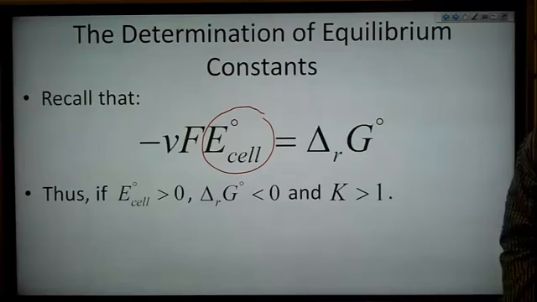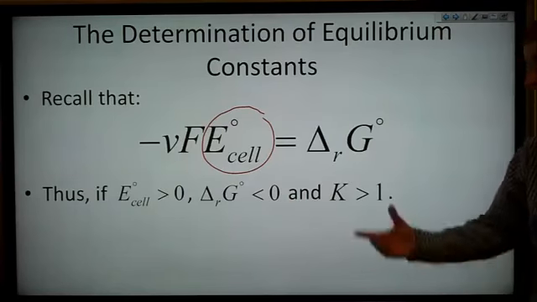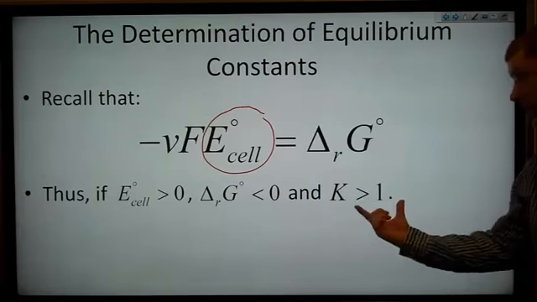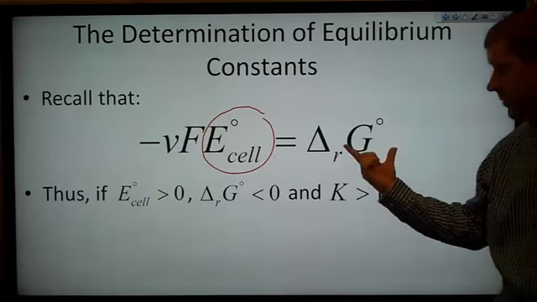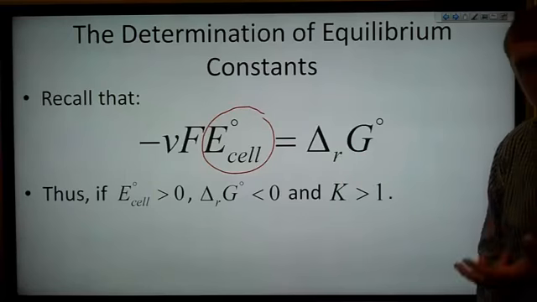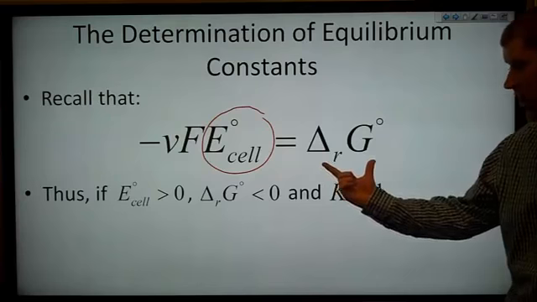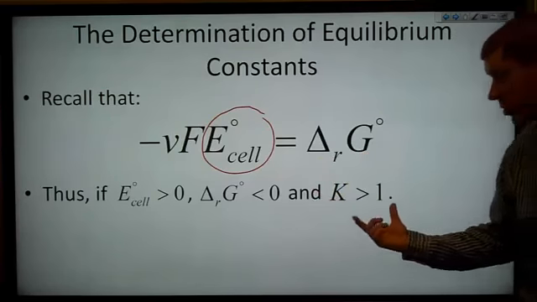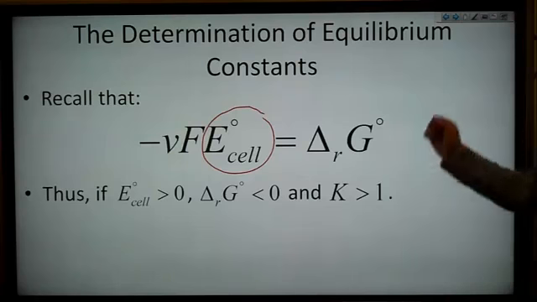And that means that our standard Gibbs energy of reaction is negative. If standard Gibbs energy of reaction is negative, that means our value for K is greater than 1, because we have a spontaneous reaction if delta G is negative. If we have a spontaneous reaction, we should have an equilibrium constant that's bigger than 1. We should have more products than reactants at equilibrium.